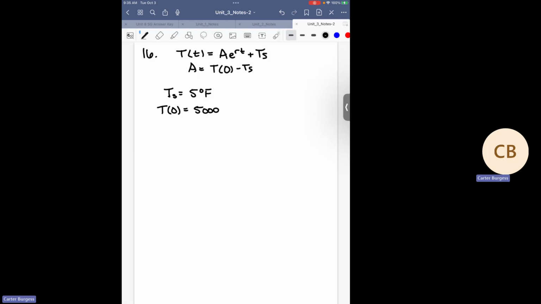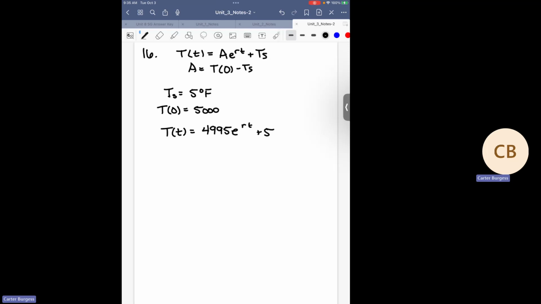And so that initial difference in temperature there is going to be 4,995. I get that T of t should be equal to 4995 e to the rt plus 5.